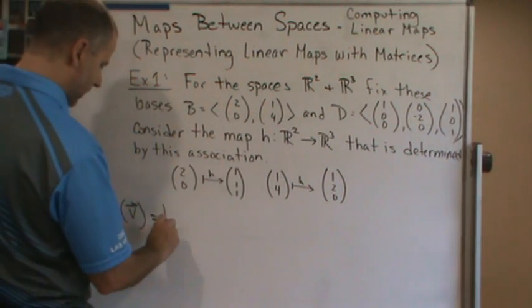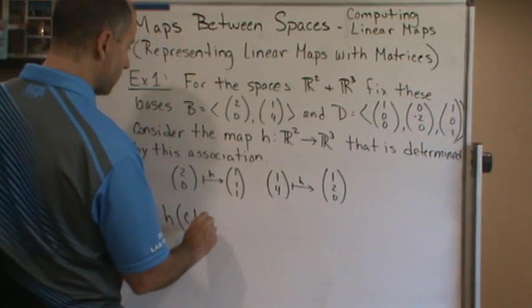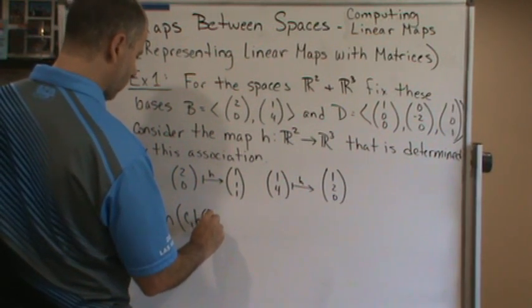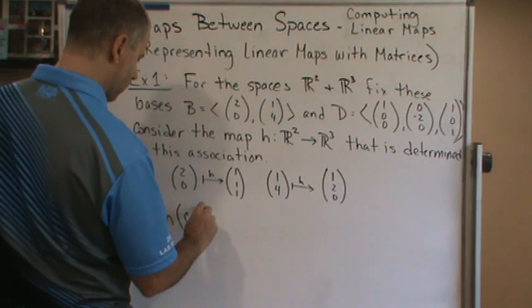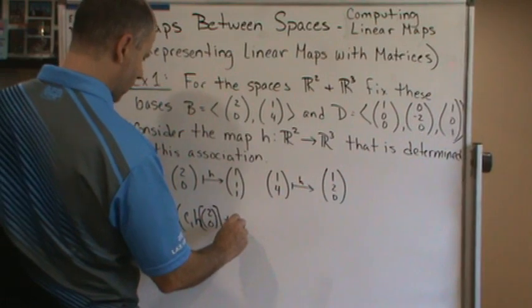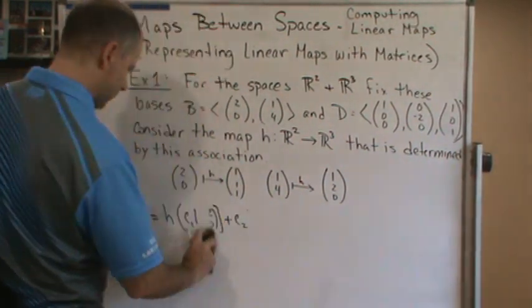So that's going to be h of C1 times h of (2, 0) plus C2. Oh, hold on a second. Getting ahead of myself.